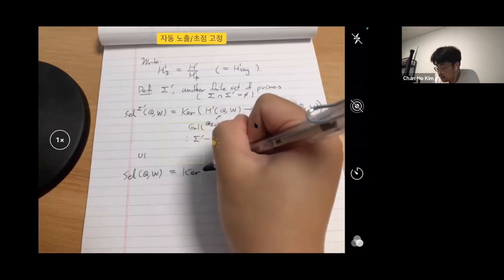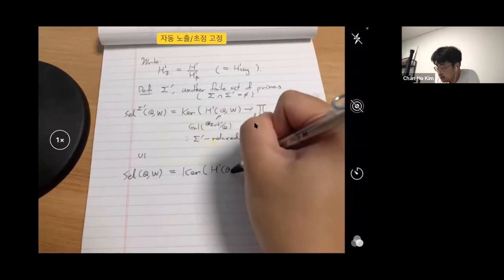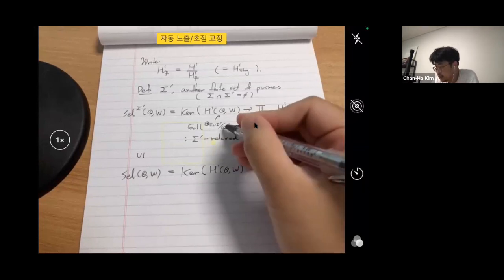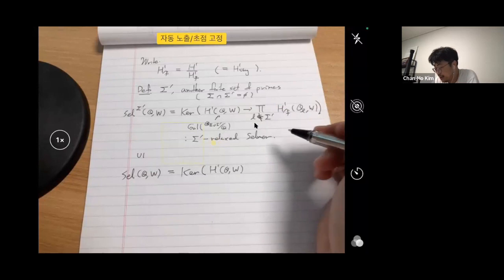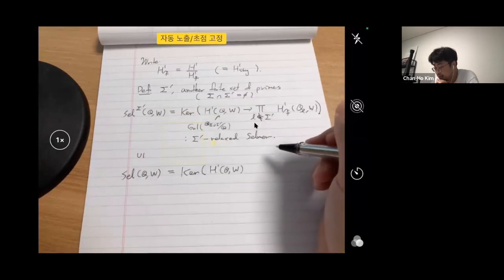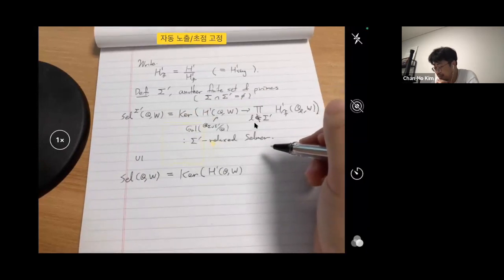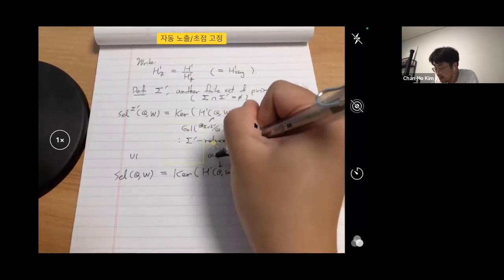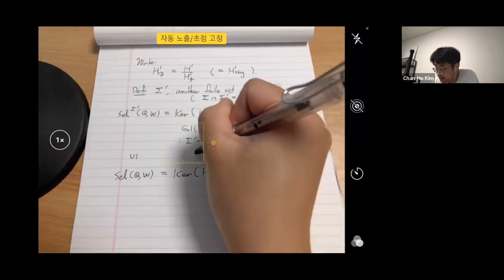The usual Selmer group is the kernel of H1(Q, W) going to the product of H1(Q_L, W) modulo H1_f(Q_L, W). One thing I forgot to say is that when we define Selmer groups, the definition is independent of the choice of sigma. So here in my mind, I just consider this Galois group.